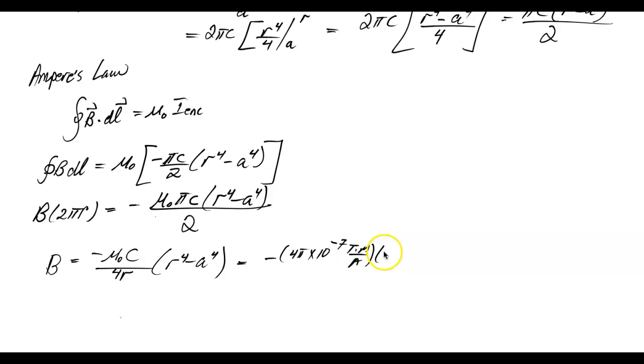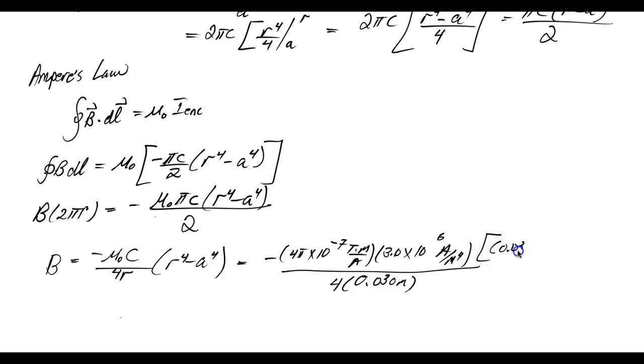C is given as 3.0 times 10 to the 6th amp per meter to the fourth, all over 4 times R, which is 3 centimeters, or 0.03 meters, times quantity 0.03 meters to the fourth minus A, which is 2.0 centimeters, or 0.020 meters to the fourth.